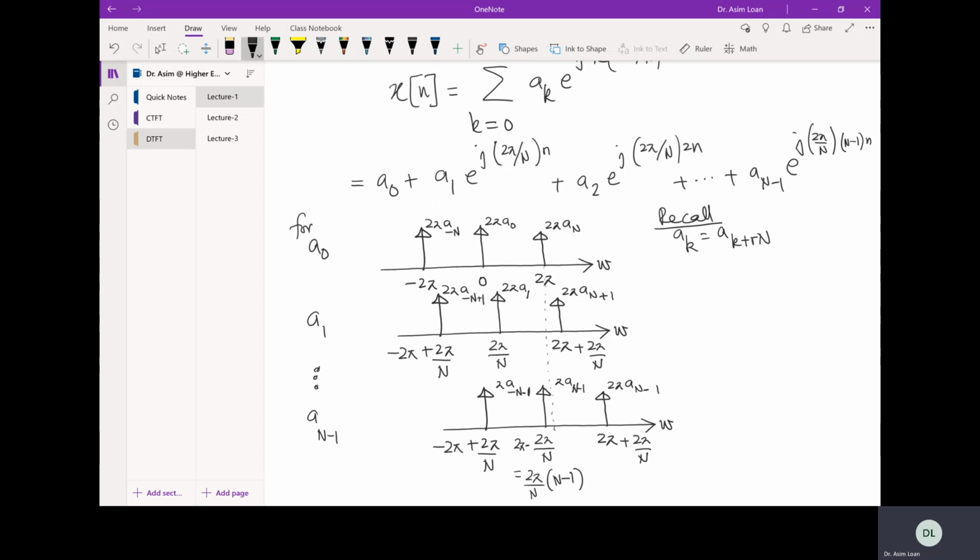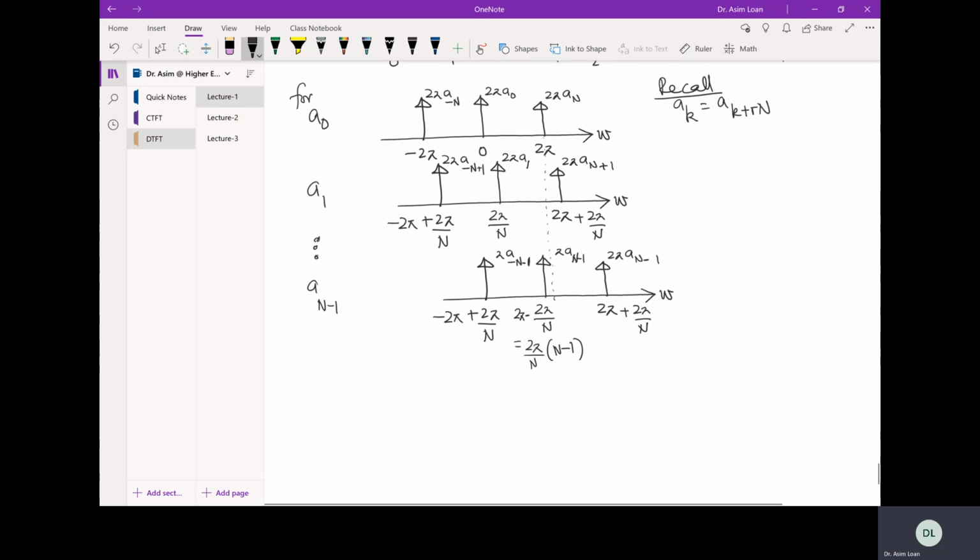And this one should be 2 pi plus 2 pi by n, and this one should be 2 pi minus 2 pi plus 2 pi by n. So if you look at them, these ones and probably this one, maybe, wait.